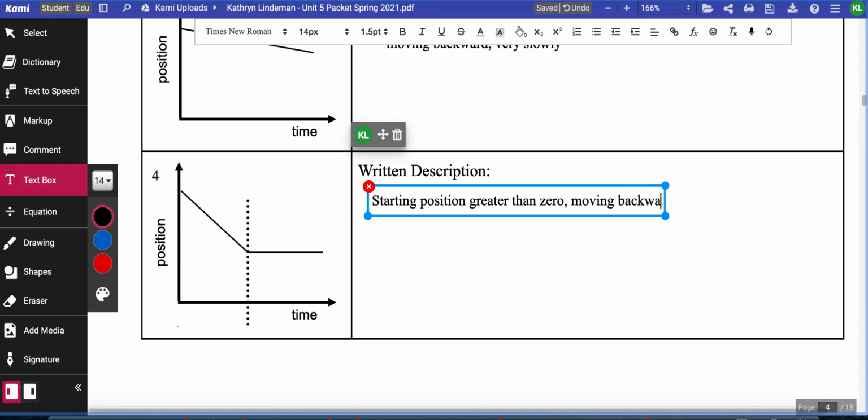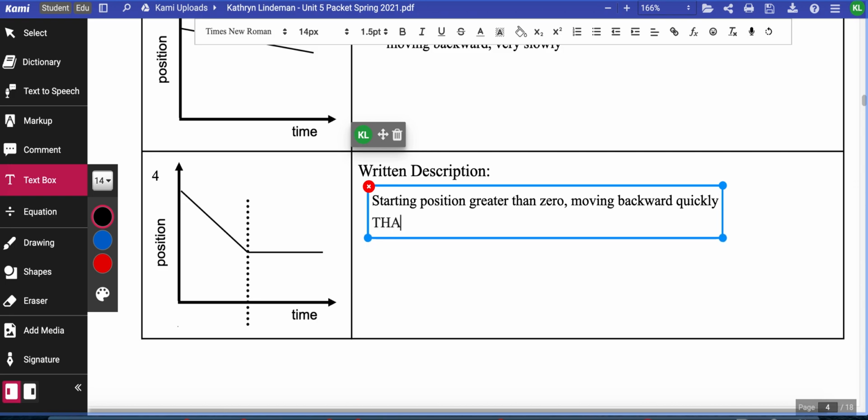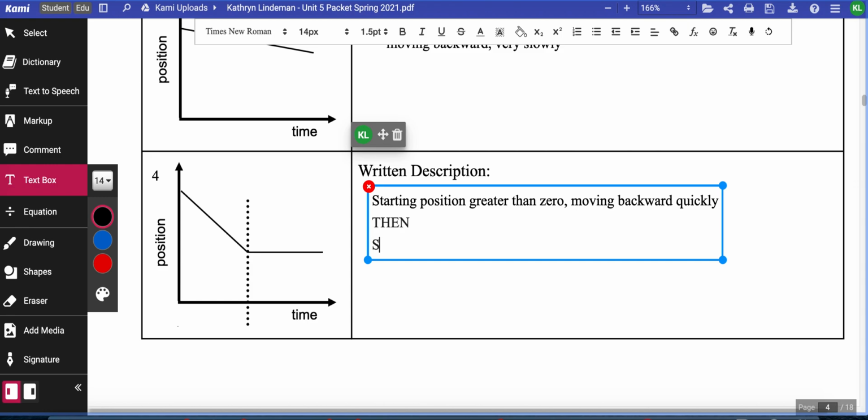Moving backward, because we have a negative slope, quickly. Then standing still in a positive position. Okay? That's the most we can really say about this. We don't have any numbers to go off of. We can only describe this qualitatively.